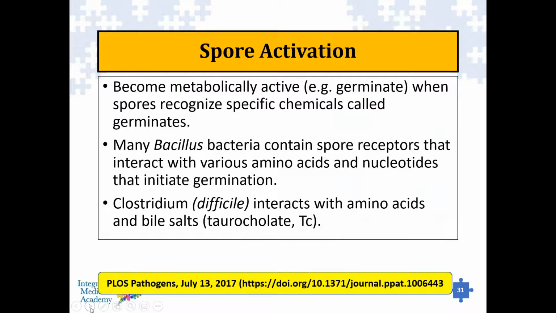These bacteria contain receptors. These receptors actually interact with amino acids and what are called nucleotides that can exist in the digestive tract to actually trigger germination. Clostridia difficile, for example, interacts with various amino acids as well as bile salt. And we know that we're producing bile salt from the liver.